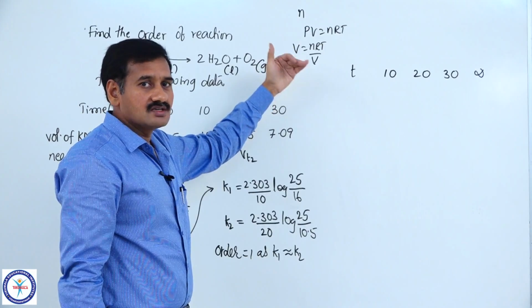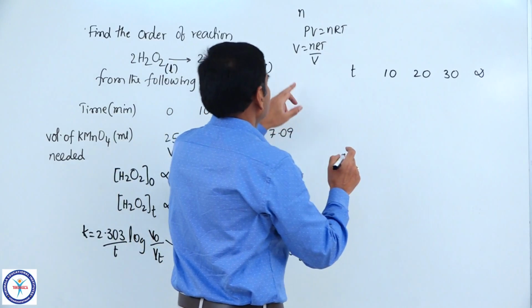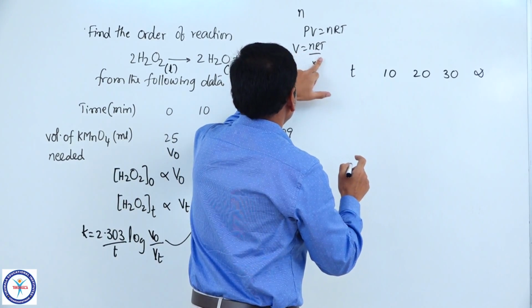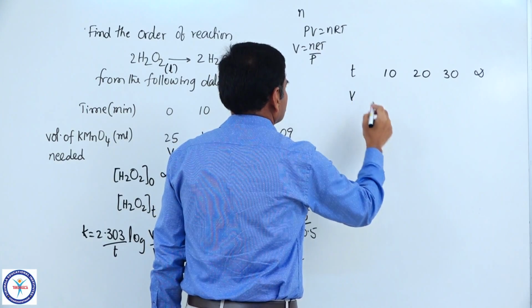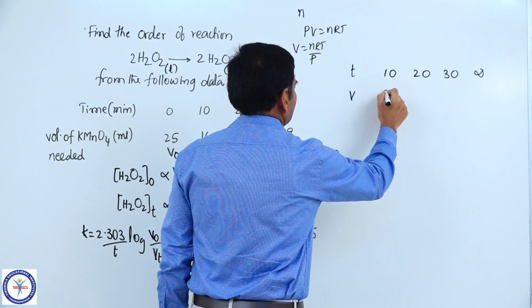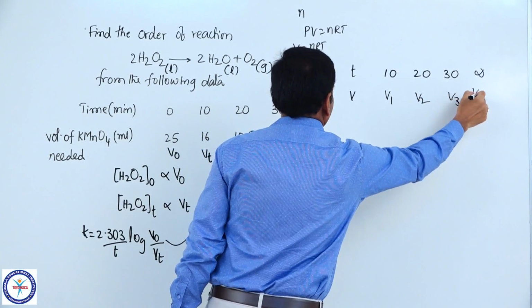So, the volume of oxygen produced will be given at different time intervals. It may be V1, V2, V3 and so on, and V infinity.